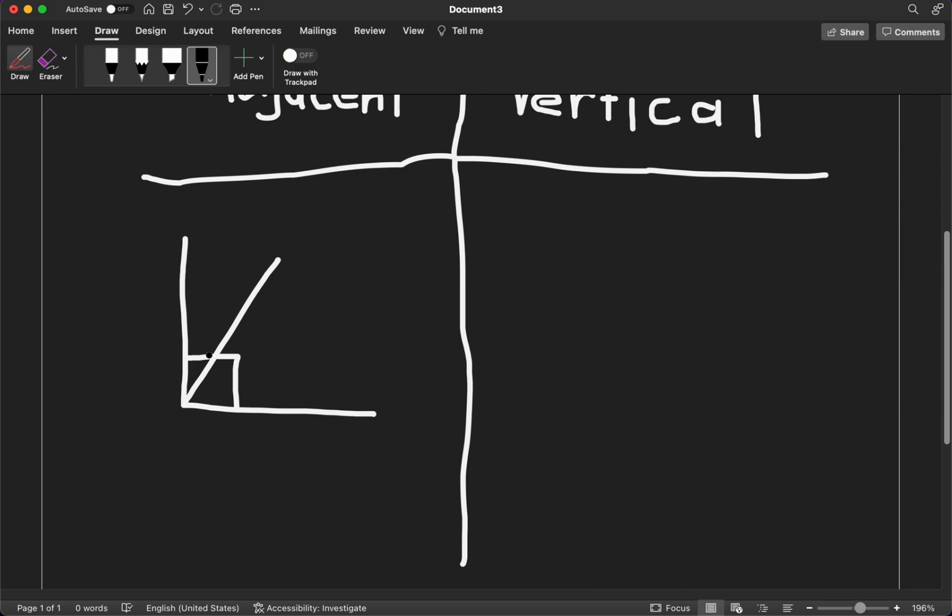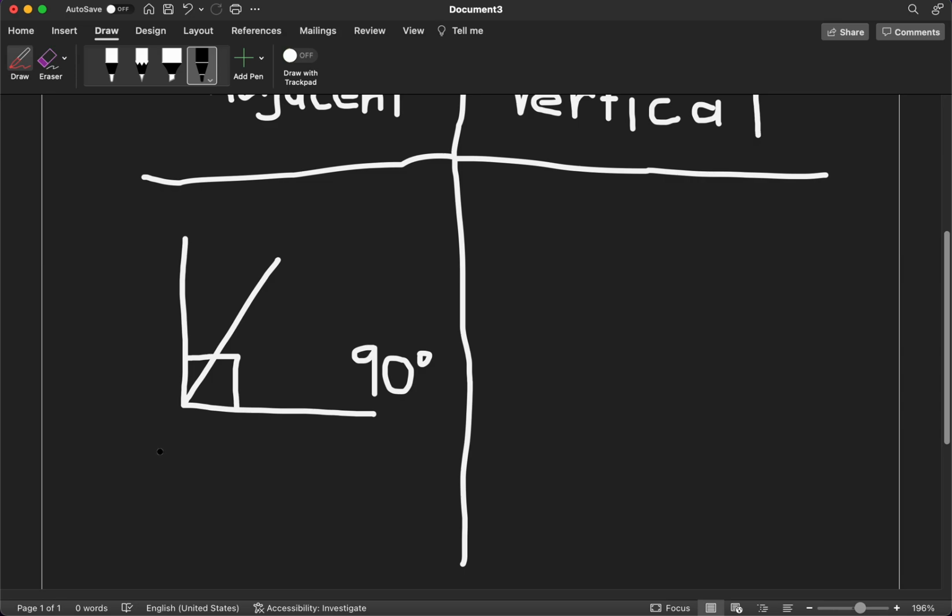In this case, you would call this a complementary angle, and if I knew what one of these measures was, then I could figure out what the other one was. But as long as this angle and this angle add up to be 90 degrees, then these two angles are called complementary angles.